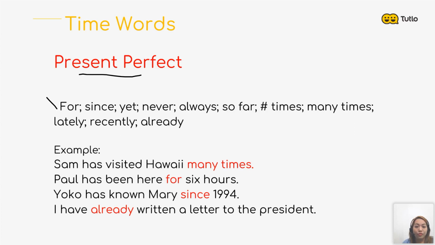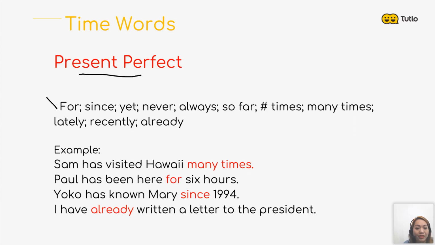Okay? So, example, Sam has visited Hawaii many times. Remember, an action or state in the past that occurred or maybe began in the past and continued to the present time. Sam has visited Hawaii many times.